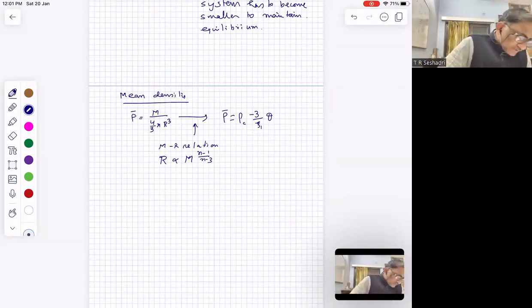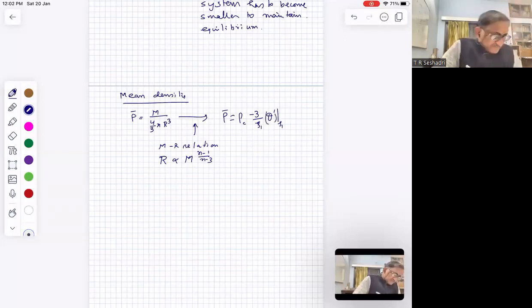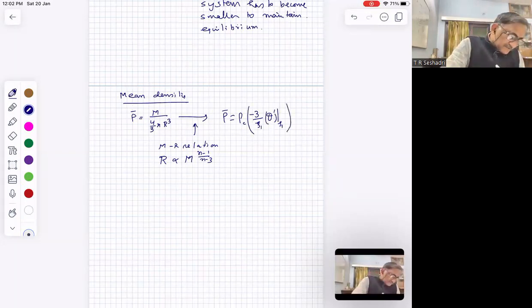Okay, so rho bar equal to rho c times 3 by xi1. You just have to substitute it and see. Then you have theta prime calculated at xi1, multiplied by this. And since theta prime is negative, this is a positive quantity. And hence you get rho bar in terms of rho c.